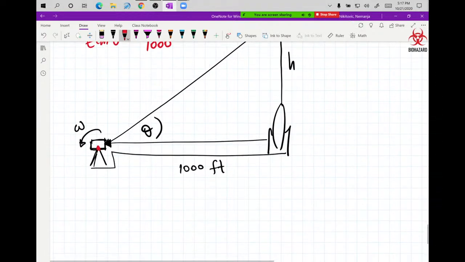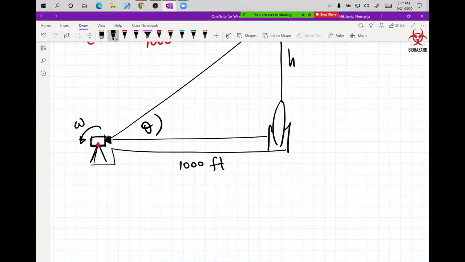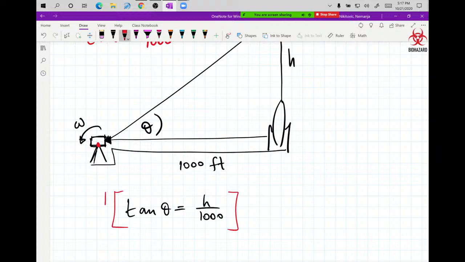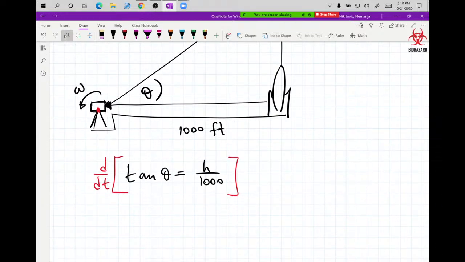So now, when I have my formula, I'm going to differentiate that in time, because I want to relate the speed of rotation to the speed of the rocket, right? So let's see.